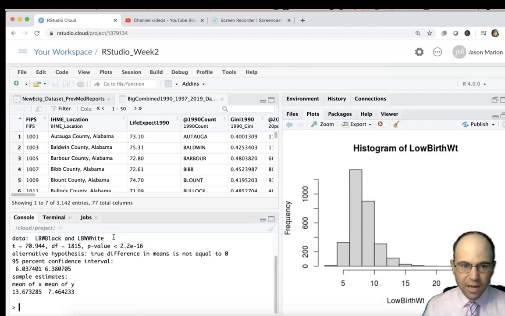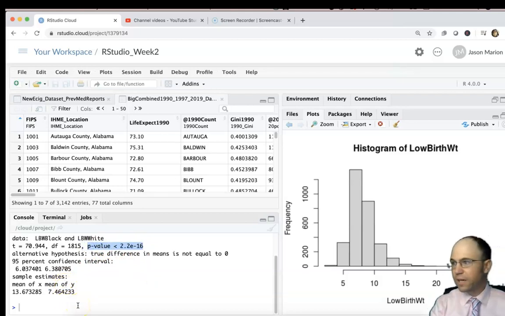And you run it, and it gives you these numbers. It says group 1's got a mean of 13.67. Group 2 here, the LBW white, has a mean of 7.46%. So much higher in the black community than the white community among the babies that are born in this data set. Now, the p-value, there it is. It's really, really small.